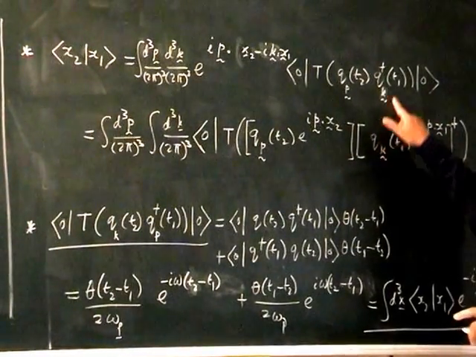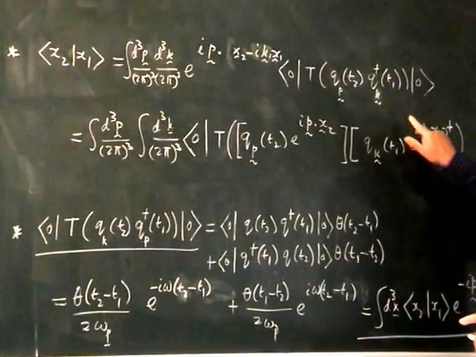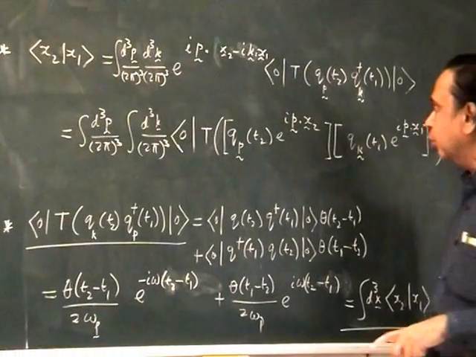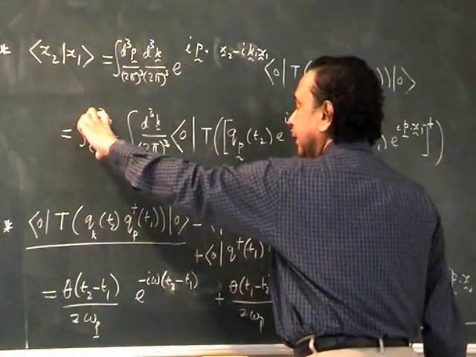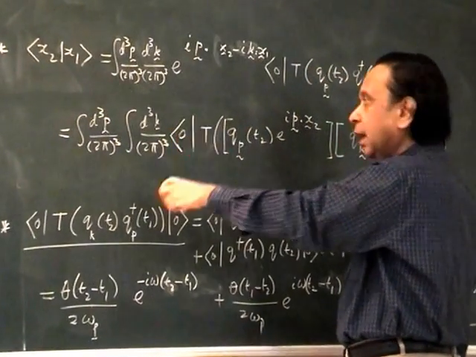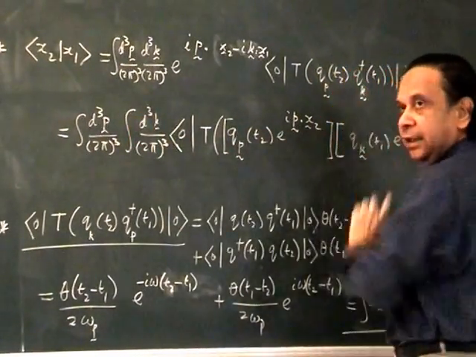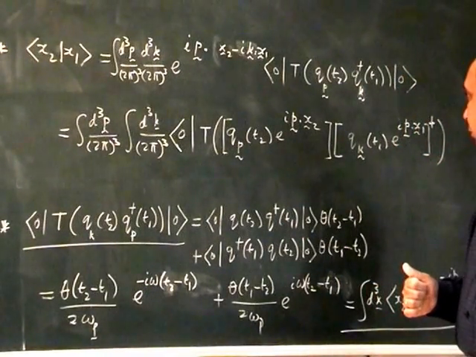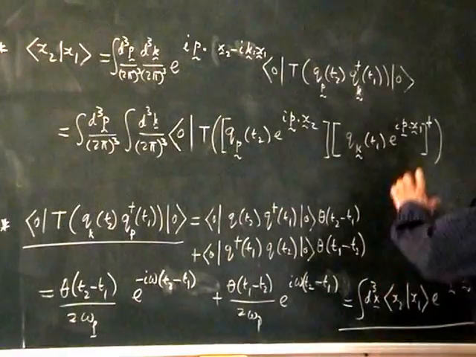So the dagger of this will give me this, and the dagger of this will give me the flip side. Now I am going to do the next sneaky thing: take the d3p inside, which I can do, and similarly take the d3k inside.